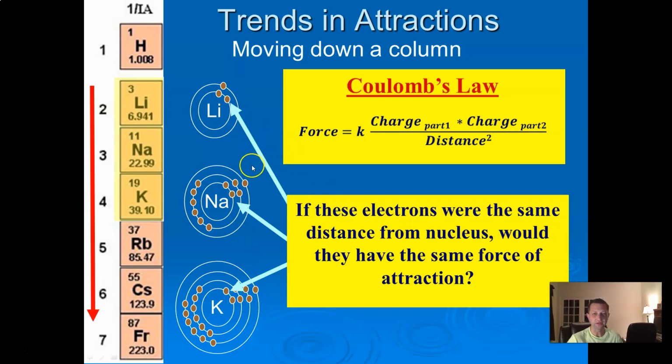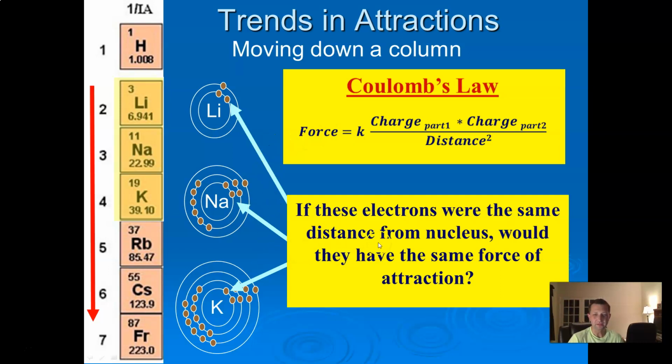If those 1s electrons are the same distance from the nucleus, would they have the same force of attraction? Well, let's take a look at our Coulomb's law. The distance we're saying is the same. They're all in level 1, so let's say it's 1 squared. The denominator is the same for all three of these.